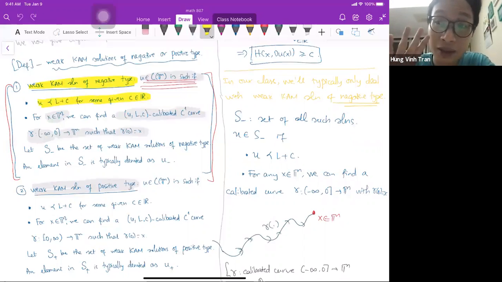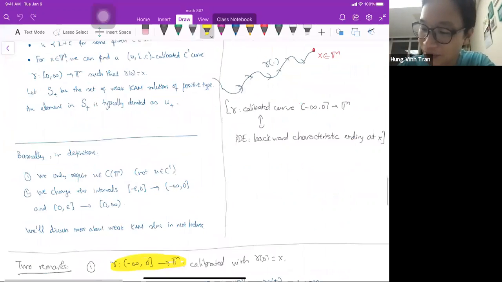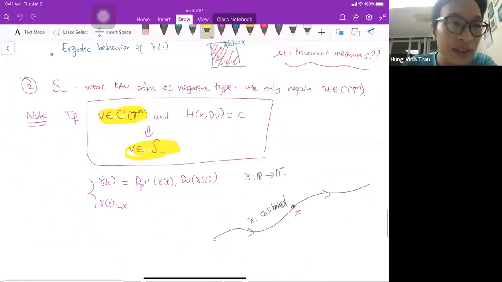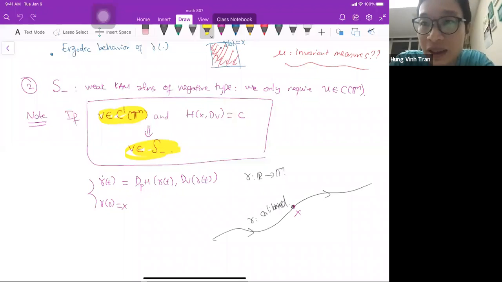It's going to take us lectures to do so, but V is in S minus if and only if V is Lipschitz and solves this equation in the box in the viscosity sense. That's all. We're going to prove that.